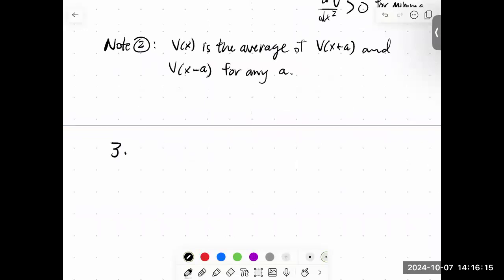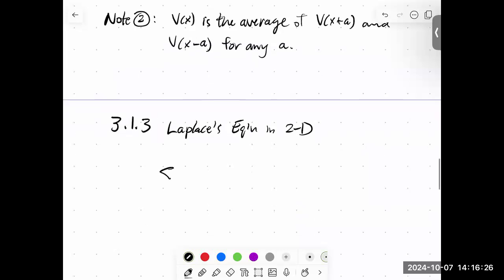So then we move on and we say, okay, what about Laplace's equation in 2 dimensions? Okay, so we're back to a partial differential equation, but there are just 2 terms. And Laplace's equation says that those have to sum to 0.